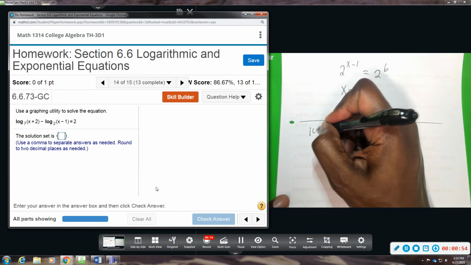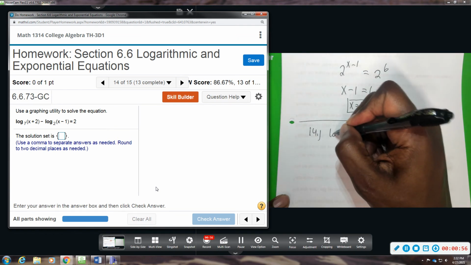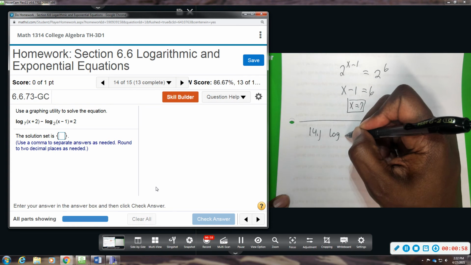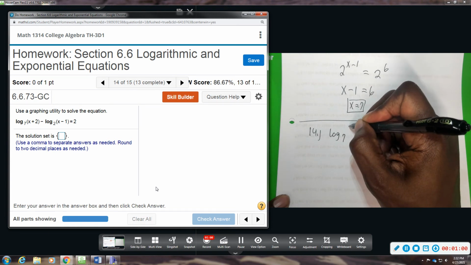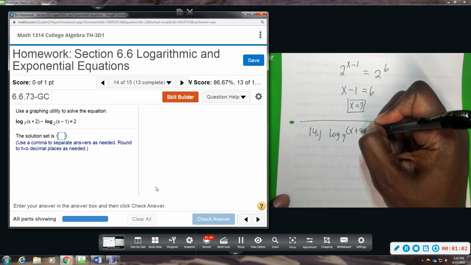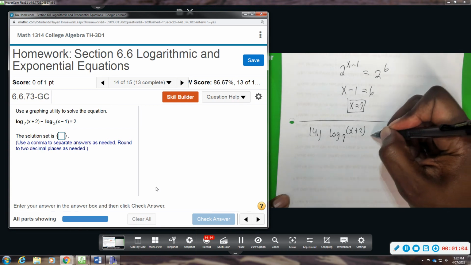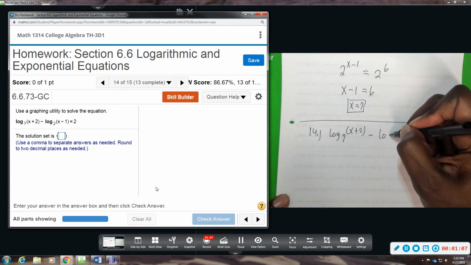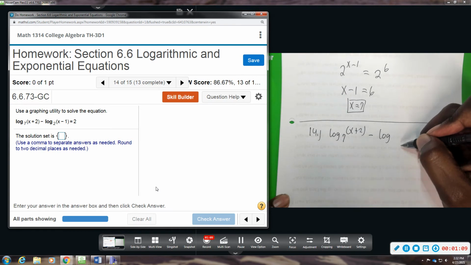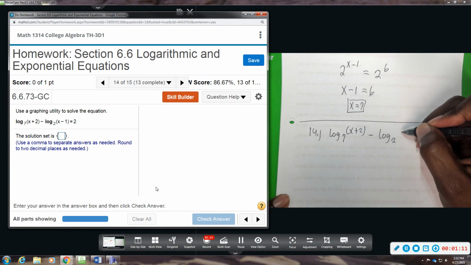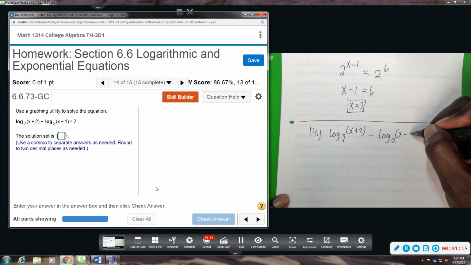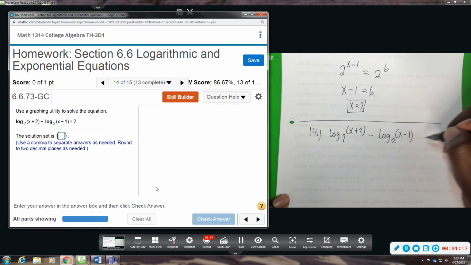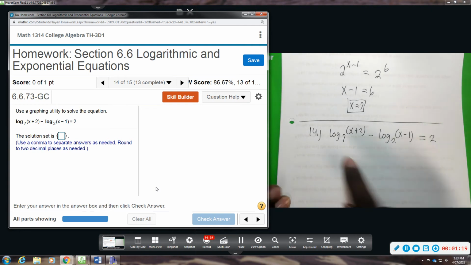So we start out with log base 7 of x plus 2, minus log base 2 of x minus 1, and that equals 2. So we're going to rewrite this with change of base. I'm going to just leave it as the normal base 10.